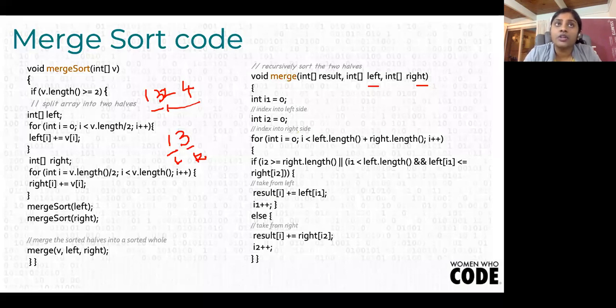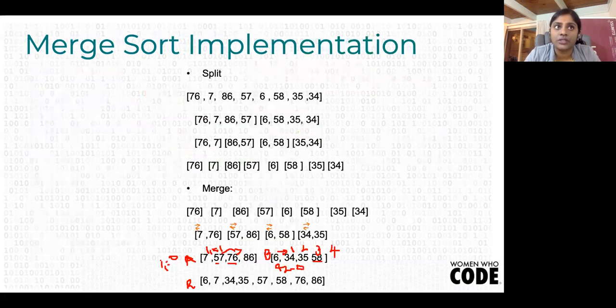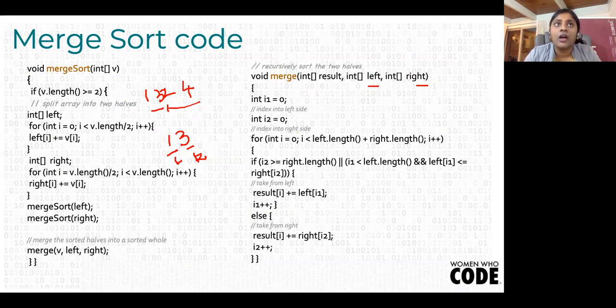Have a for loop to go over the sum of the lengths of both the arrays, the left and the right, for the entire length of A and B. And we have the condition here to add from the left array or from the right array. So the first condition to add from the left array should obviously be that left of I1 is less than the element in the right.